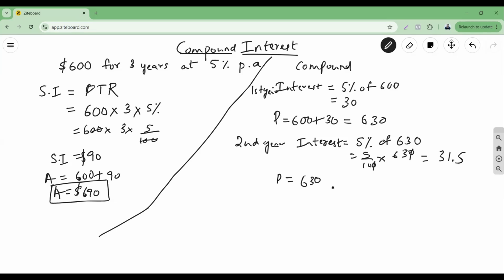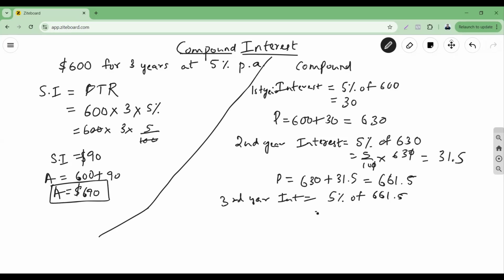Now this $31.5, I add to the 630. Already my principal had changed from 600 to 630, and with that I'm going to add 31.5. So my principal at the end of the second year has become $661.5. Now, for the third year's interest, it is again 5% of $661.5.